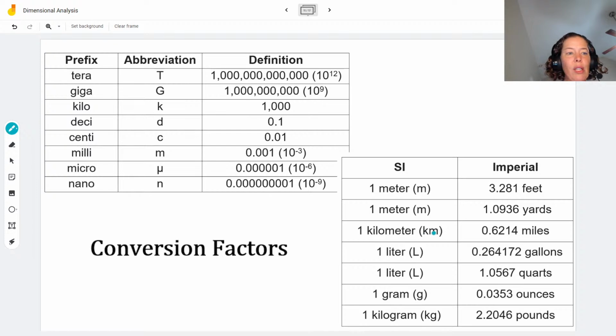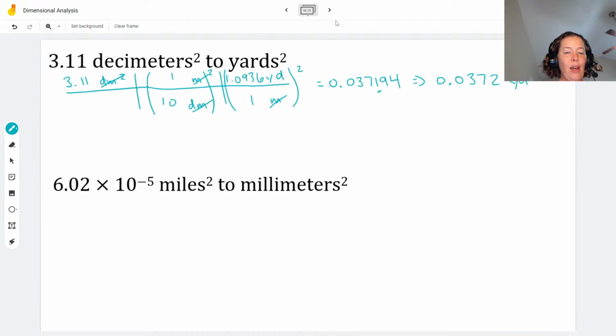And then I can go kilometers back to my base unit of meters. And then I can go meters to, what are we doing? Millimeters, I think. Yeah, which is right here, which is 10 to the third. Again, you can combine these. You don't have to go back to the base unit, but I find it helpful to go back to the base unit. All right, so this is going to be a little bit of a long one.